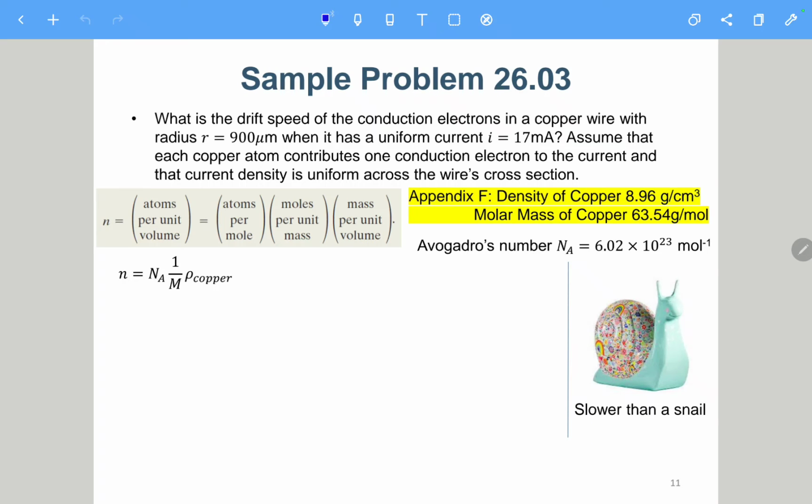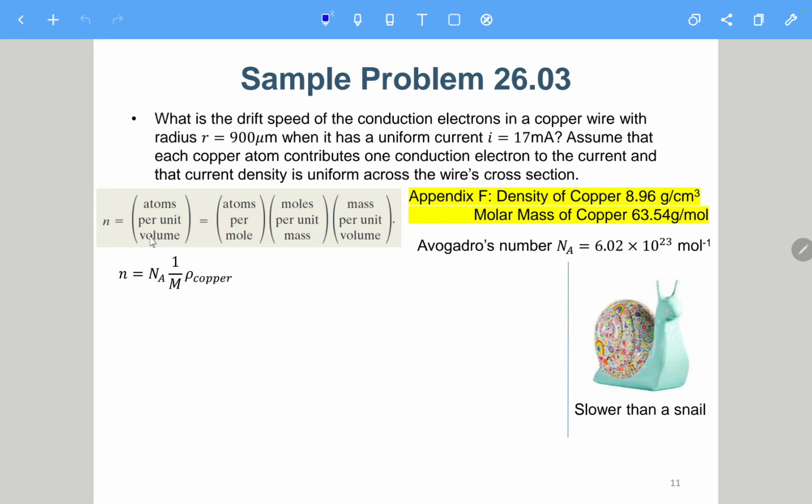Okay, so here we try to calculate the drift velocity or drift speed. Here we have the expression, where n is the atoms per unit volume, so this is like the charge density.